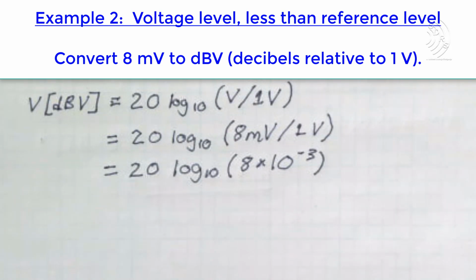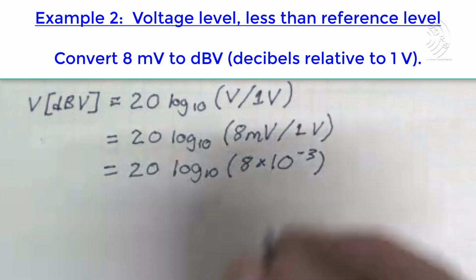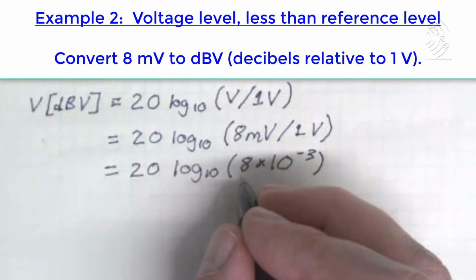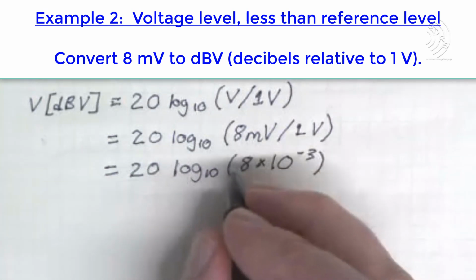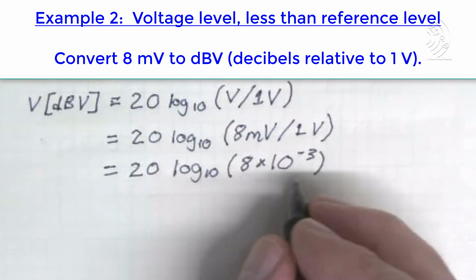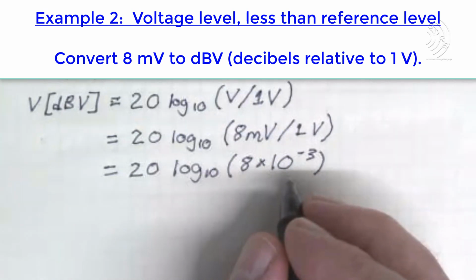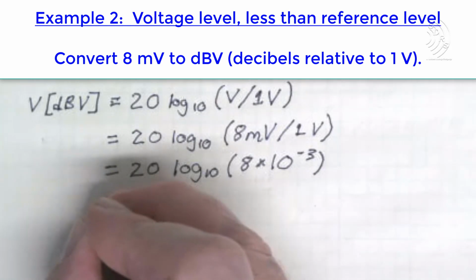There's more than one way you could do this. One would be to use a calculator, and another is to recall that multiplication in ratios becomes addition in decibel units.